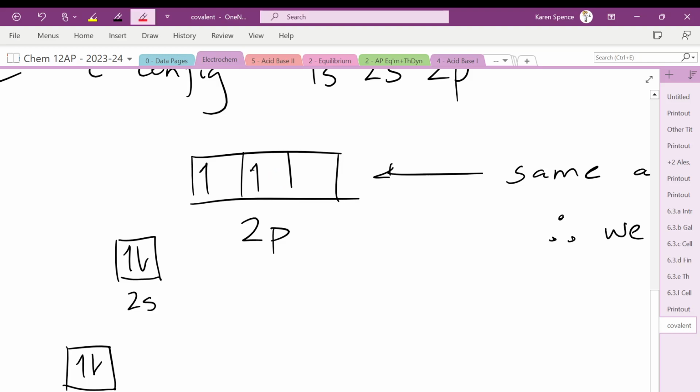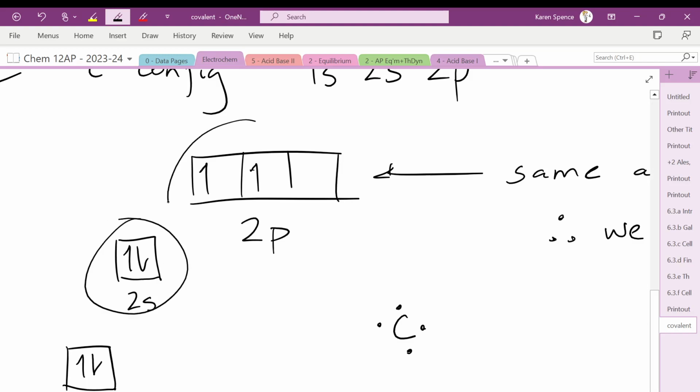So if we were to draw, say, methane, we would have carbon with its 1, 2, 3, 4 electrons, which we're drawing unpaired here. But in reality, are those 4 valence electrons all unpaired? No. So why are they unpaired here?